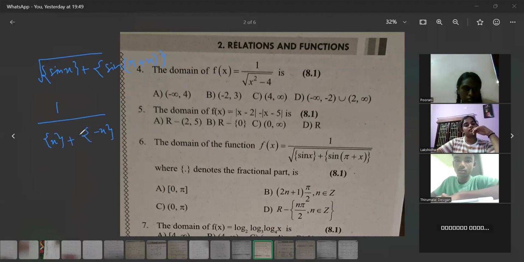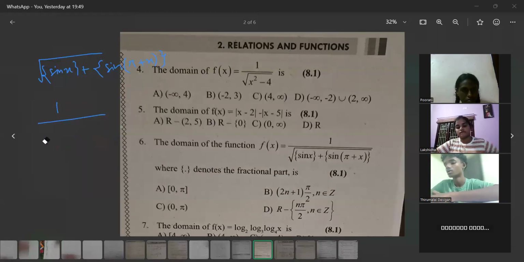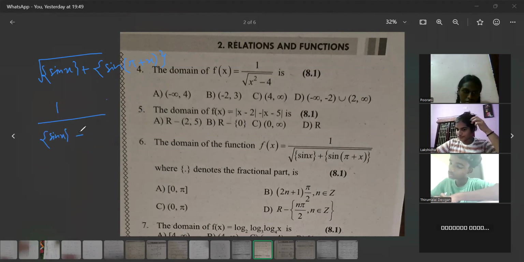This type of question we already solved. What is the value of this one? Minus fractional part of x, right? What is the value?